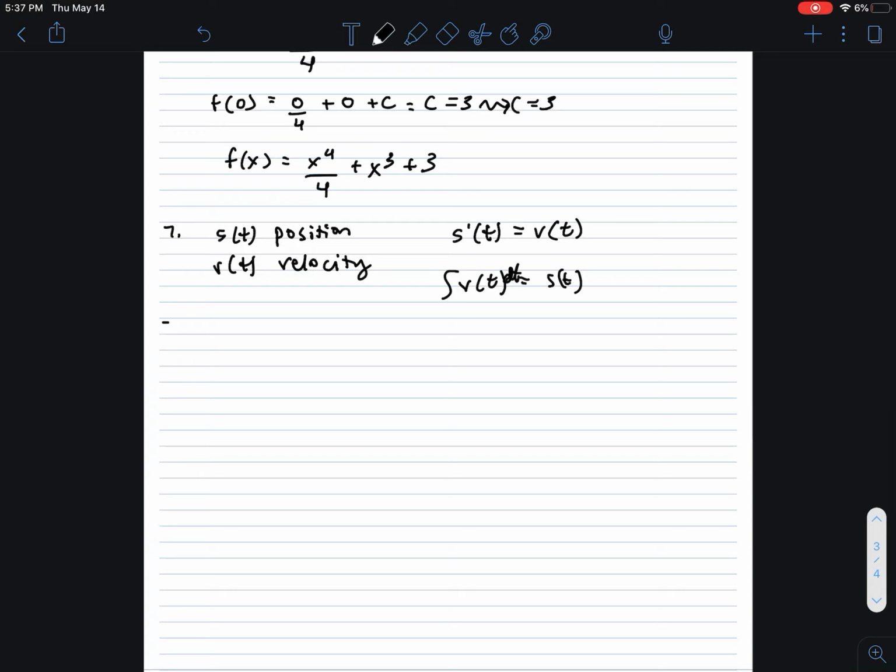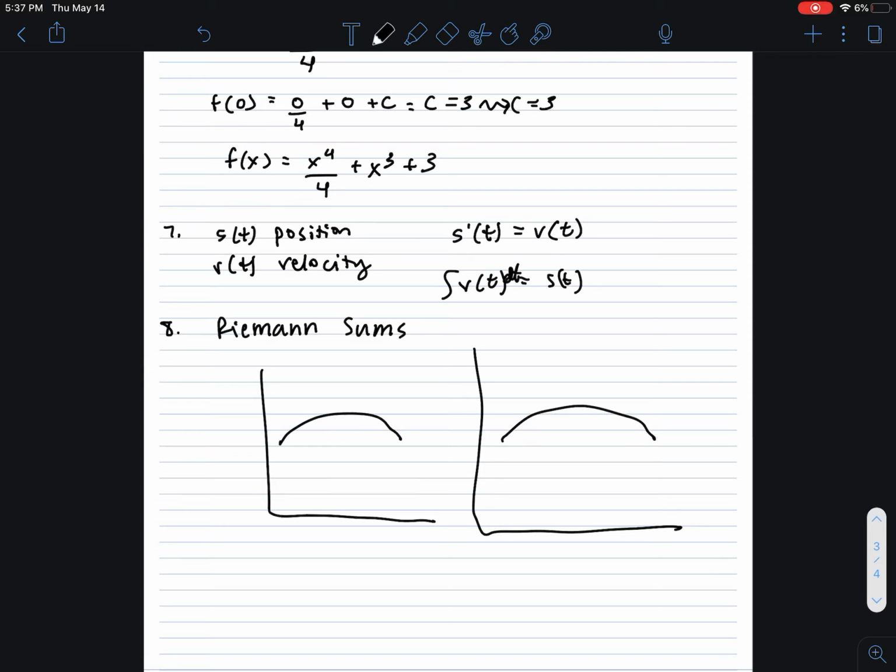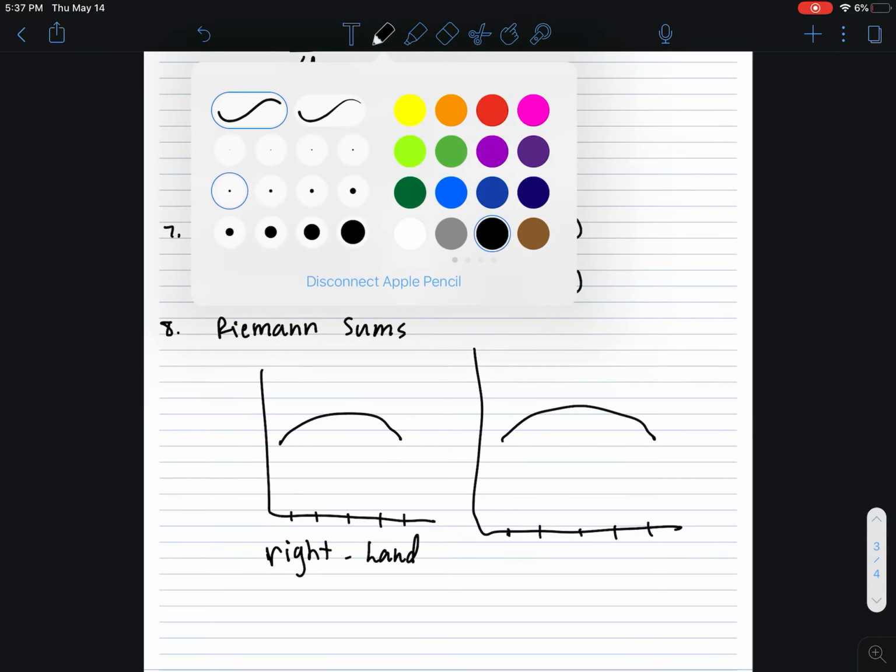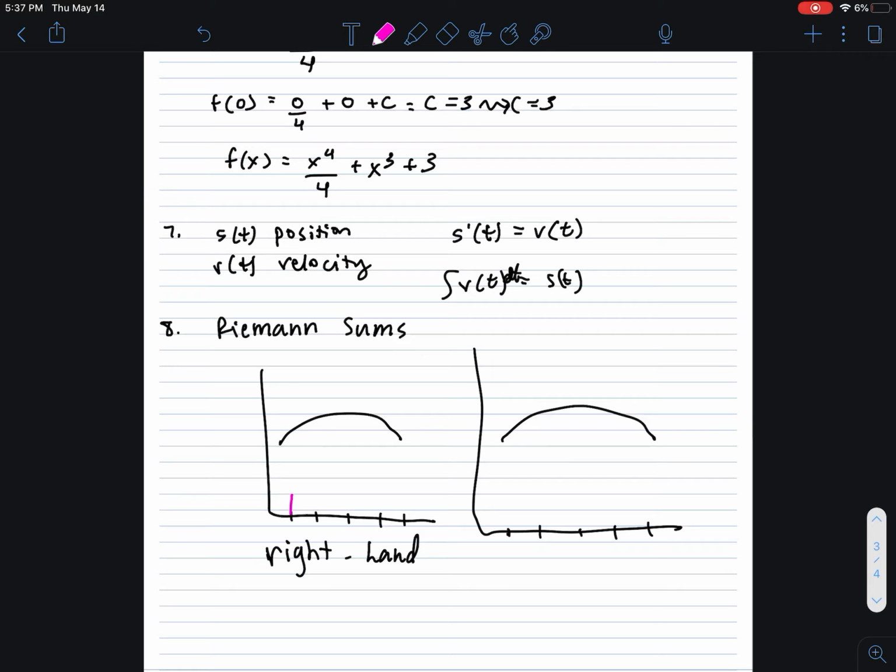I want you guys to remember what a right hand and a left hand Riemann sum looks like. Let's say we have this graph, then the right hand Riemann sum, if we're dividing it up on these guys, is where we go up and have the right hand side of our rectangle touch our line.